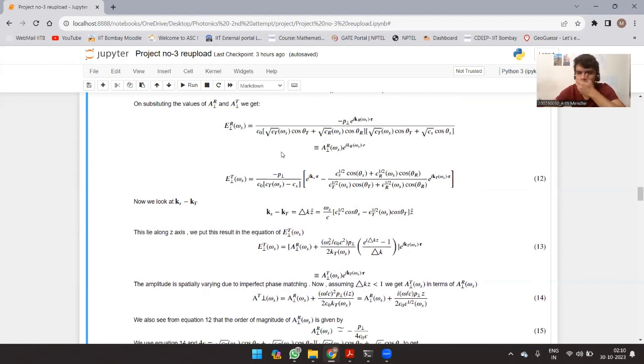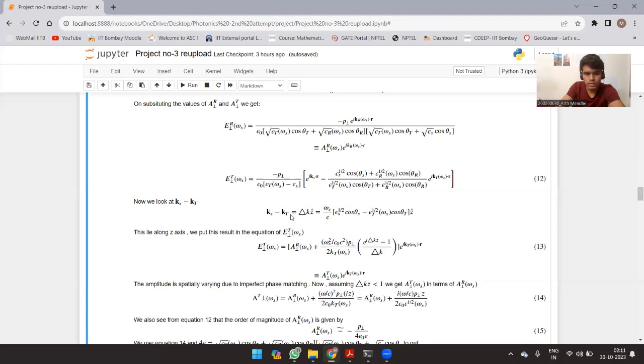Again, as shown above, the x component of the second harmonic and the transmitted wave as well as the reflected wave have the same x components. And so if you subtract ks and kt, you get a vector along the z-axis. That's our delta kz.